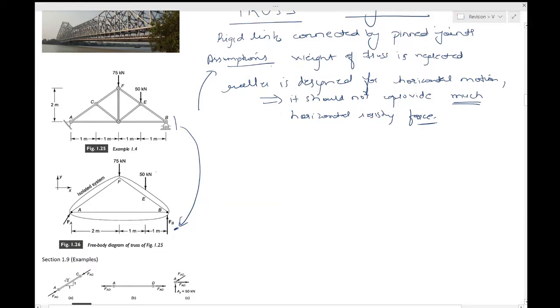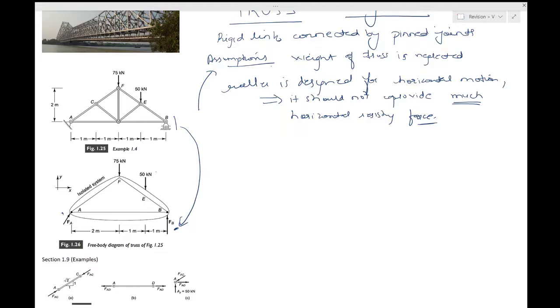We do not say at any place that it is frictionless. Okay, we don't say it is frictionless. All we say is that it should not have a lot of horizontal resisting force, and hence it is easier to ignore that. So let's move ahead. Look at the pinned joint at A. We have shown a reaction FA which passes through the pin.